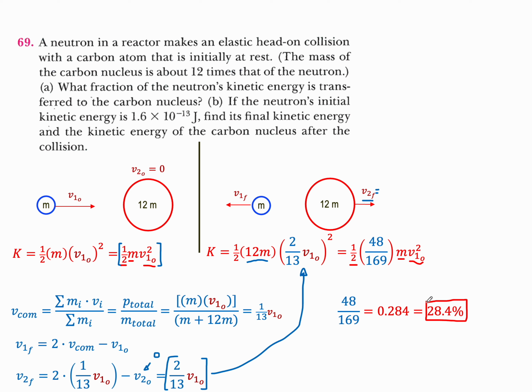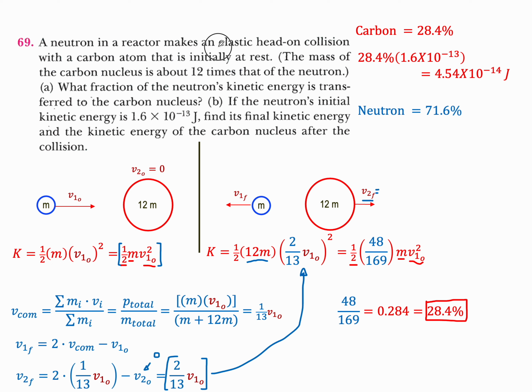And the neutron is going to get all the remaining energy. This is an elastic head-on collision. We're assuming no E-dis at all. And I guess that's part of what makes it a red level problem. And so if 28.4% went to the carbon atom, all the rest of it stays with the neutron in its recoil backwards here. And just plugging in our numbers, you'll get that final energy there.